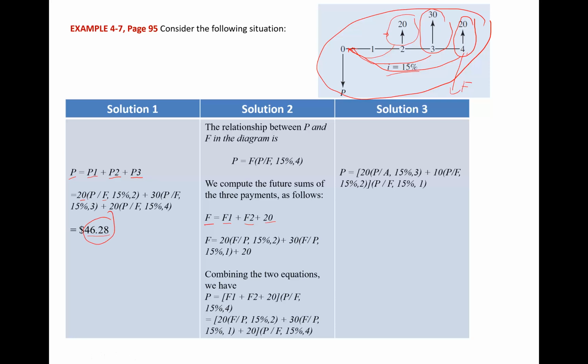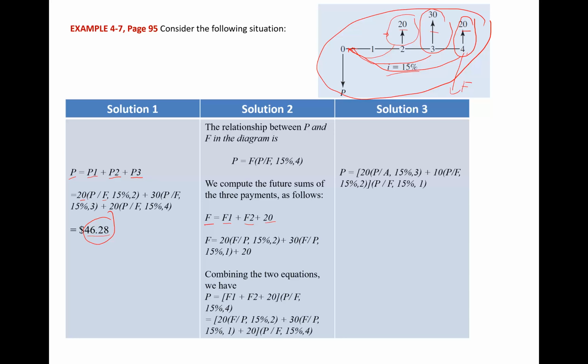The third solution is we calculate P. Since we have here 20, 30, 20, we can consider that we have 20 here, 20 here, and in the third year we have 20 and $10. So we have a uniform series.